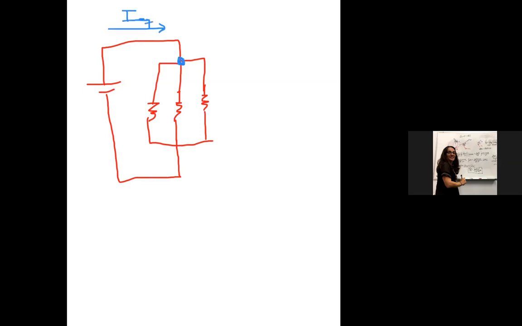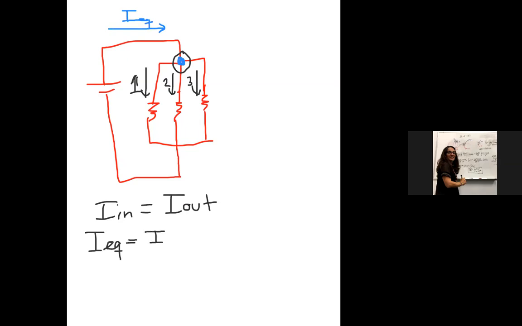Here's my junction, and comes out I1, I2, and I3. So what flows in must equal what comes out. What flows in is my equivalent, and what flows out is I1, I2, and I3.